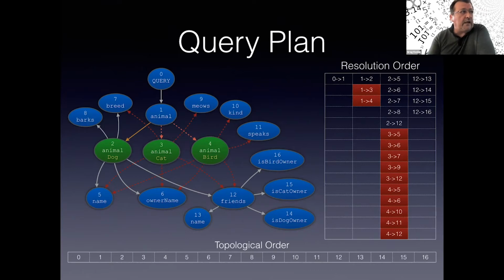First, we start with edge 0 to 1. That's the edge between the query and animal vertices. The next bucket would be the edges between animal and animal dog, animal cat, and animal bird vertices. The next bucket would be all edges that are outgoing from the vertices animal dog, animal cat, and animal bird.